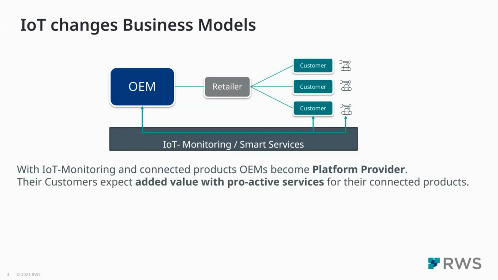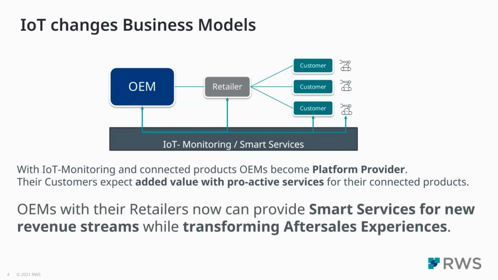But their customers, now that they have connected products, expect the OEM, the product provider, to provide added value, proactive services for the connected products. If I have a certain problem with my monitored product, I expect to get proactive guidance on how to solve that problem, either by myself or with the help of a retailer.